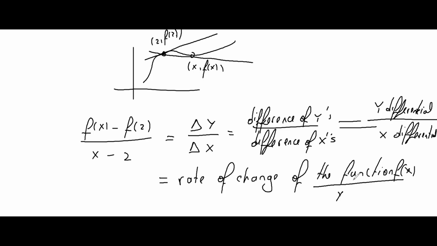In chemistry it's important because, let's say F represents the amount of heat produced by a chemical reaction, and x is the time of that reaction. As the amount of heat changes, it's important to find the differential.